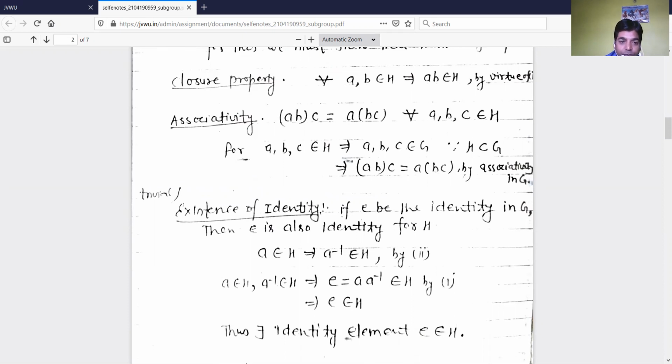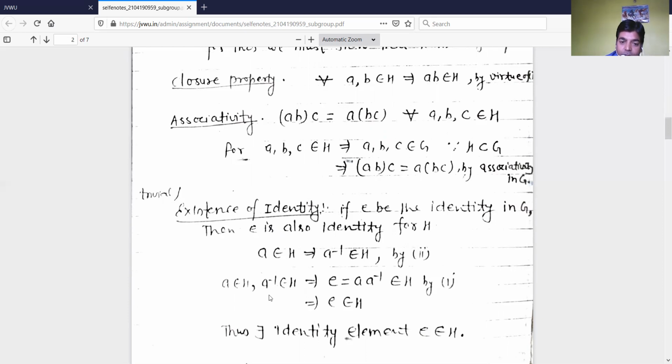Now the existence of identity. Let e be the identity element in G, then e is also the identity for H. Let a belong to H. That implies a inverse also belongs to H, by the second condition.